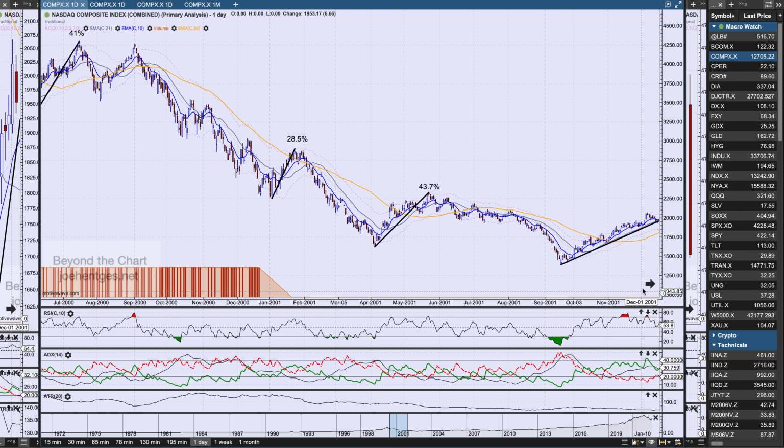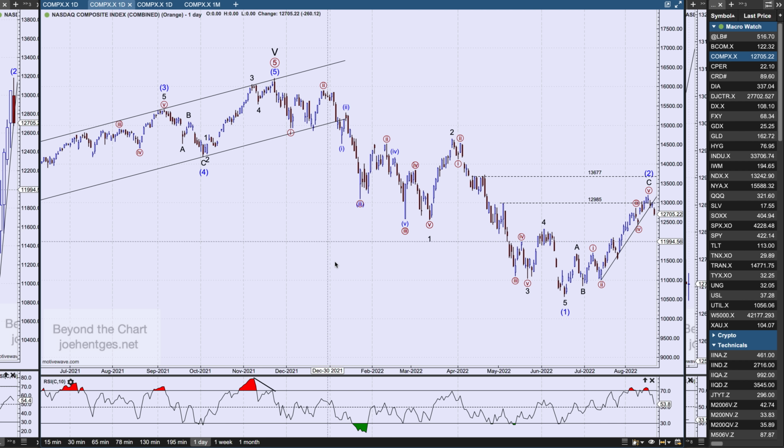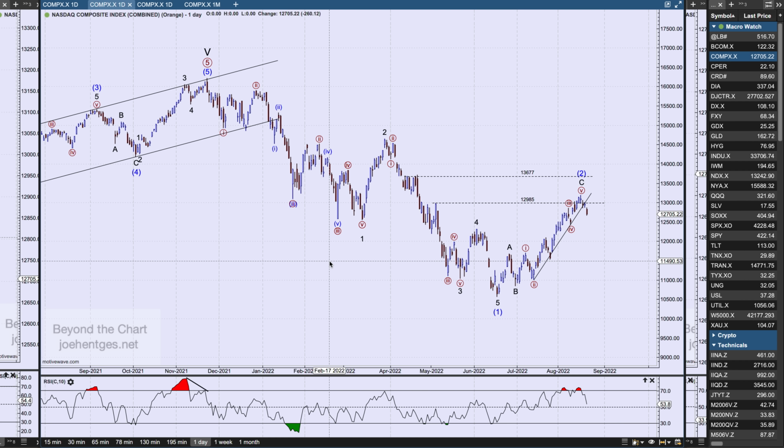So I wouldn't get too excited about the fact that we are 24.8% off the June low, because it's still a bear market. And here's why I believe that: we've had 5 waves down, and here are the 5 waves, and this makes the first intermediate wave. Now, in Elliott wave principle, there are 2 types of waves: motive waves and corrective waves.